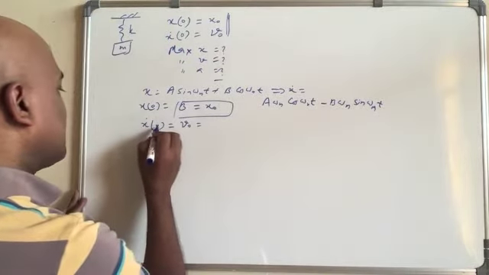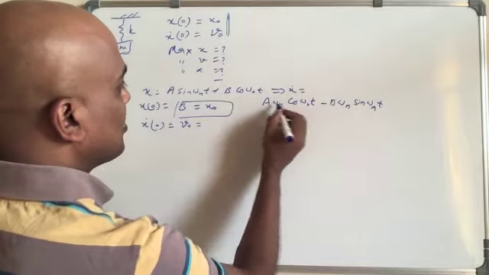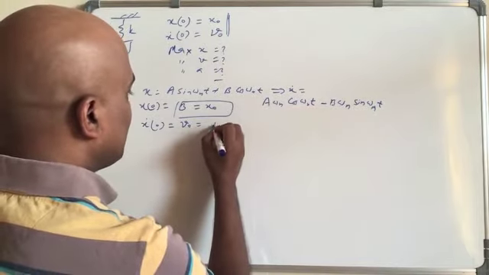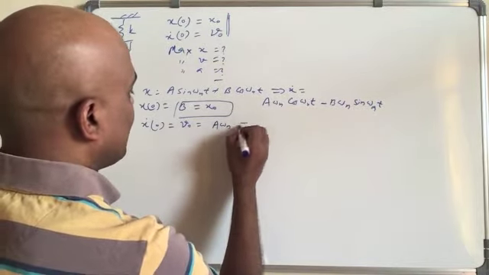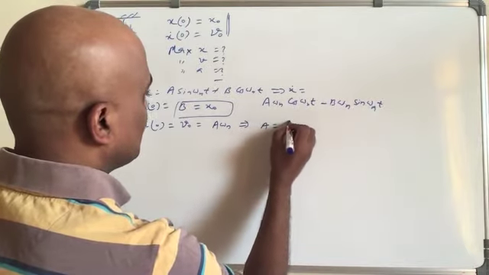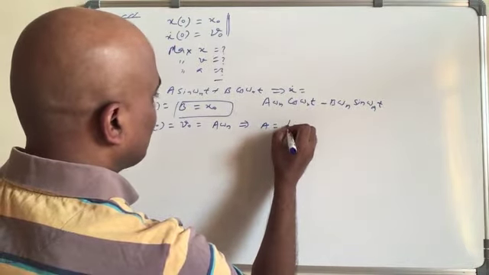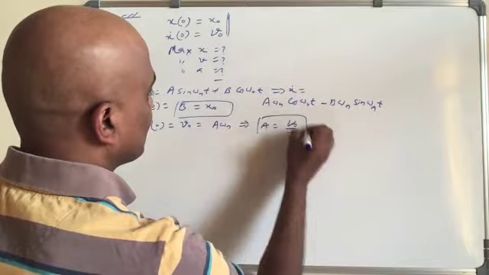If x dot at 0 equals v naught, then a omega n equals v naught, and hence a equals v naught over omega n.